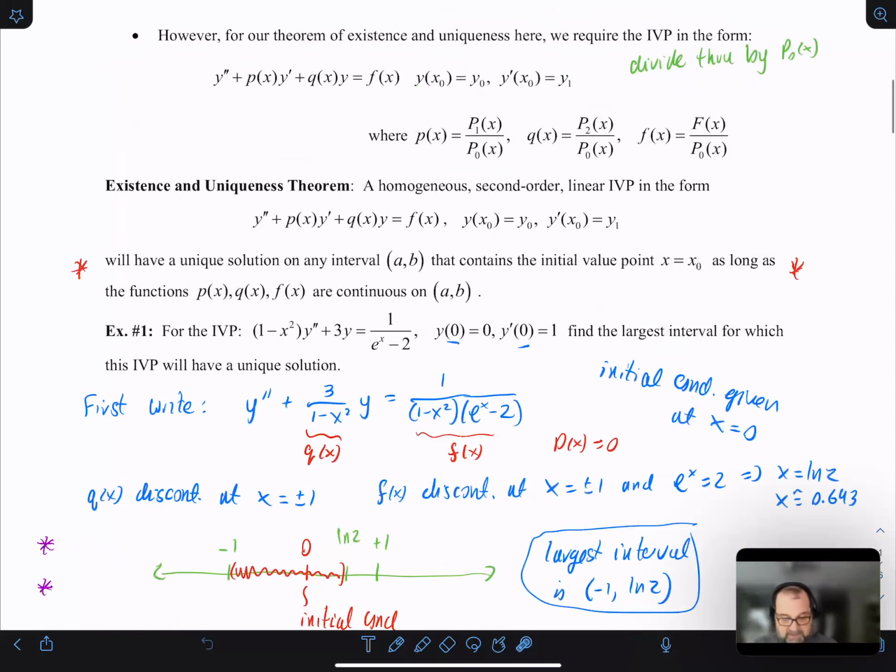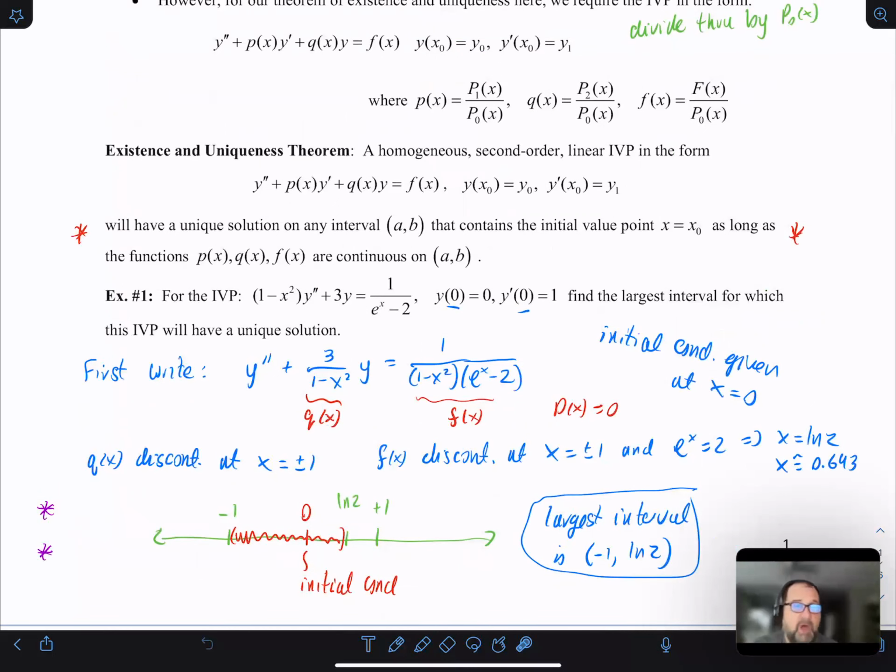So there is an existence and uniqueness theorem. We will not be getting into the proof of it, as that is much more difficult, but it's not that difficult to understand or use. It says homogeneous, but of course this should say non-homogeneous.